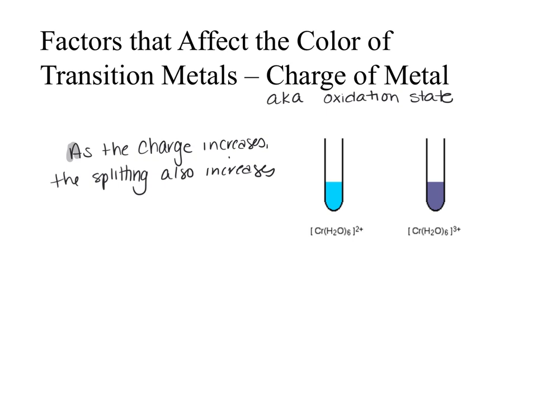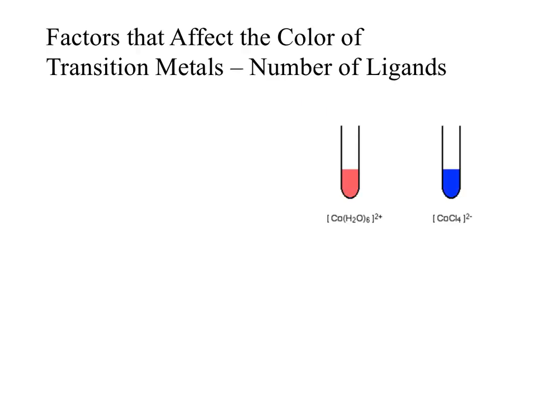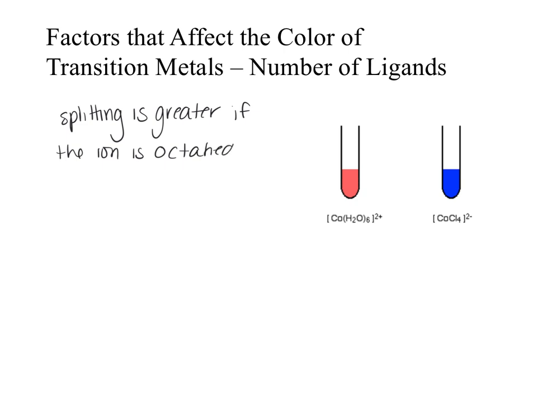And the final thing that can affect the color of transition metals is the number of ligands. Splitting is greater if the ion is octahedral compared to tetrahedral.